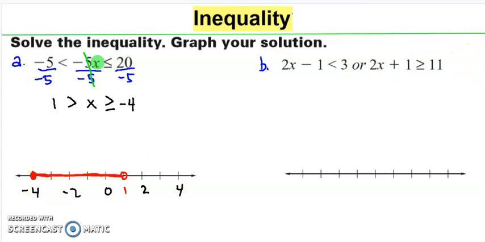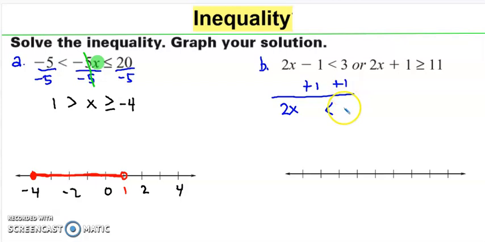B. 2x minus 1 is less than 4, or 2x plus 1 is greater than or equal to 11. So we'll solve the left inequality first by adding 1 to both sides. Then 2x is the only thing left on the left side because negative 1 plus 1 is 0.